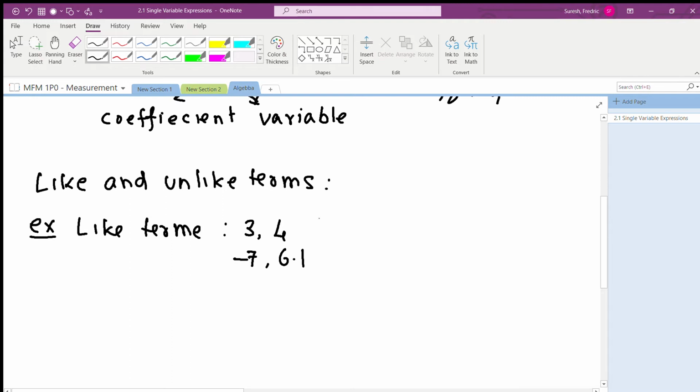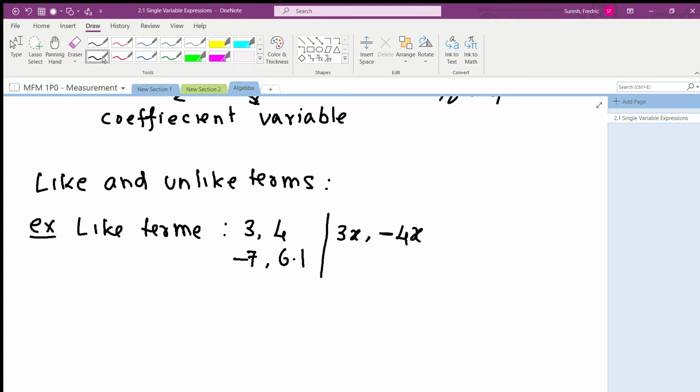Also, we can have more examples, say 3x and -4x. They are like terms. Why are they like terms? Because of the x here and the x here. That is the reason why, when you have x and x, they are like terms.